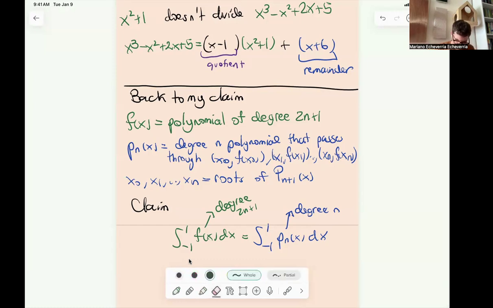Let me write this in a way that makes it clear that this is a lowercase p, not uppercase. Okay, so why does that happen? Why is this true?